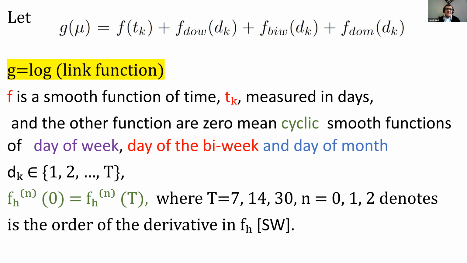And we have this relation: f^(n)(0) equals f^(n)(T). T can be 1 week, 2 weeks, or 1 month, and n is 0, 1, or 2. This means that because of the cyclicality, the function itself, as well as the first derivative and second derivative, are equal at the ends.